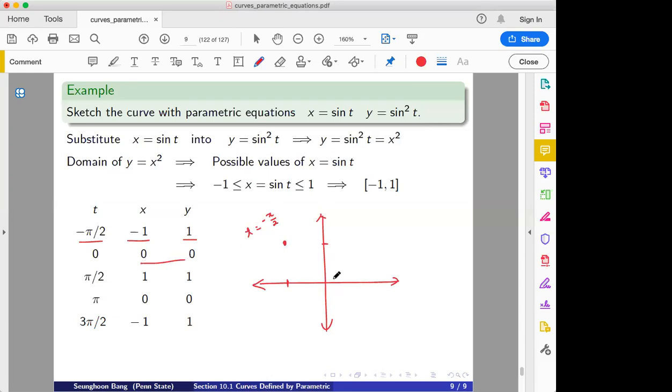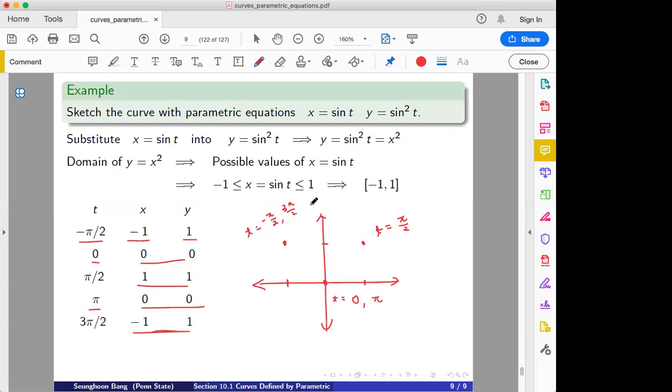So 0, 0: at this point the t-value equals 0. So 1, 1: the t-value equals pi over 2. Then 0, 0 again at t equals pi. Then minus 1, 1 here, at 3 pi over 2.